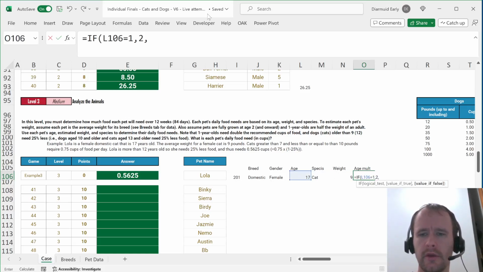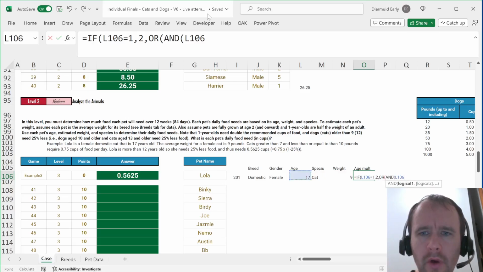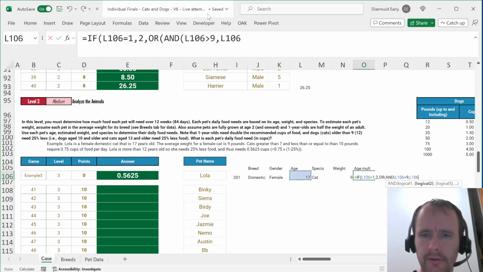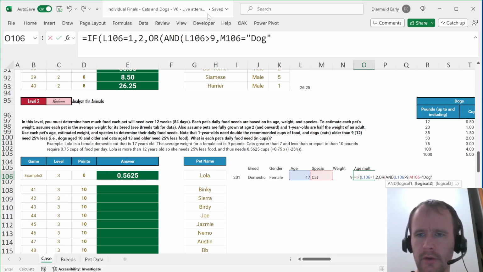Otherwise, or age is older than 9, so age is greater than 9, and this equals dog, since older than 9 is for dogs. Or age is greater than 12, and this equals cat.